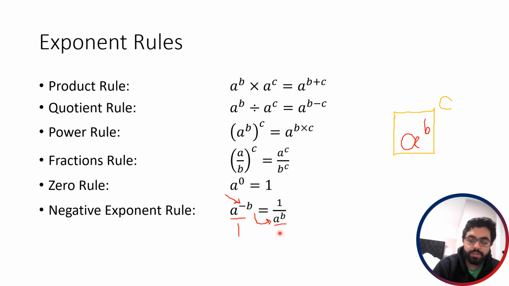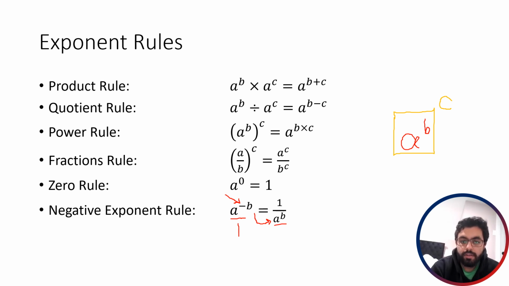So if you've got a negative exponent for your base, you can flip that whole thing over, so you make it the denominator with a numerator of 1, and you get rid of the minus sign in your exponent.